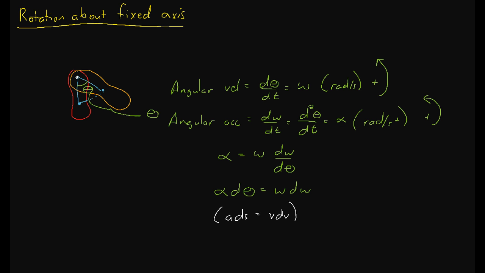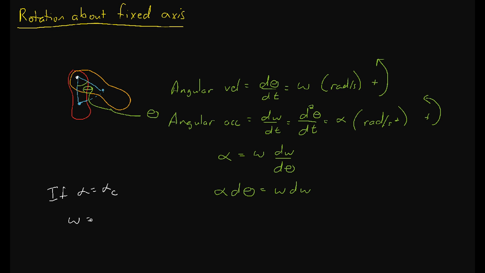So that's the parallel equation here. And so again, you can use this even if you don't know anything about how things vary over time, as long as you know how the acceleration varies with position and you know something about the velocity, then you can use this equation.